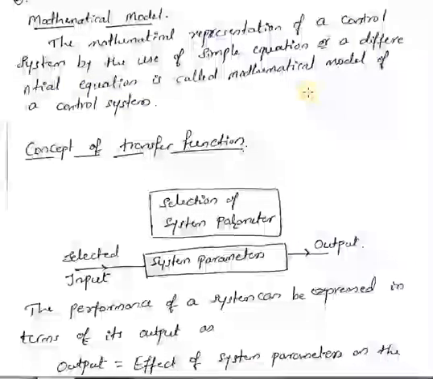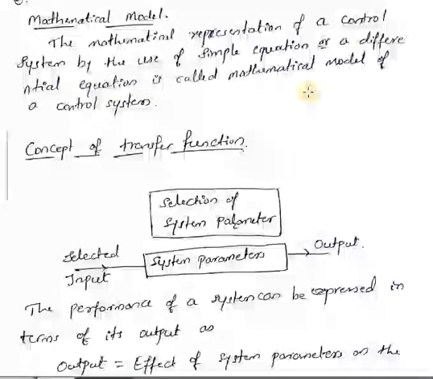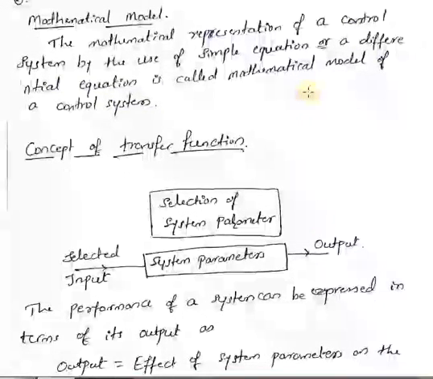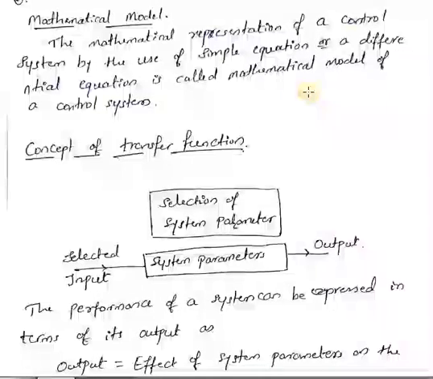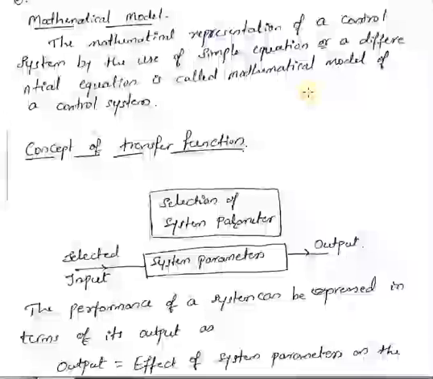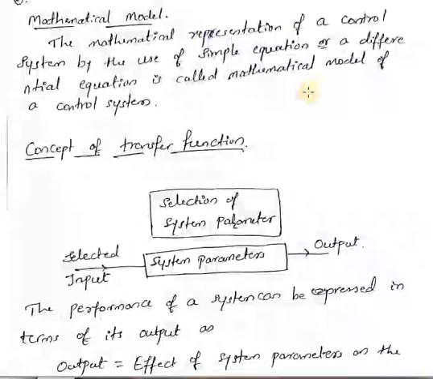For example, if there is a variable in your system, and you include that variable in your differential equation, just by altering the value of that variable you will get a different solution. That solution should match the actual output of the system. So it is exactly a replica of your actual system, but theoretically you are writing it in terms of differential equations. Those equations you can call the mathematical model of a control system.